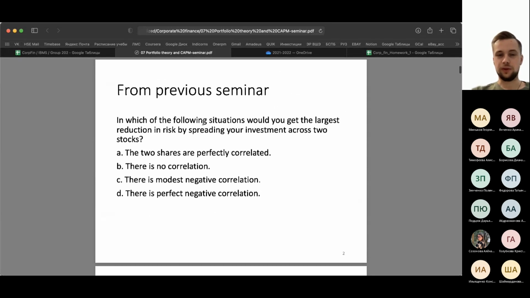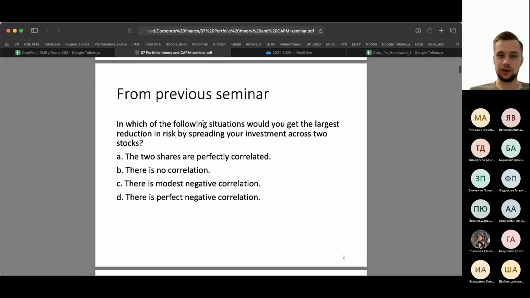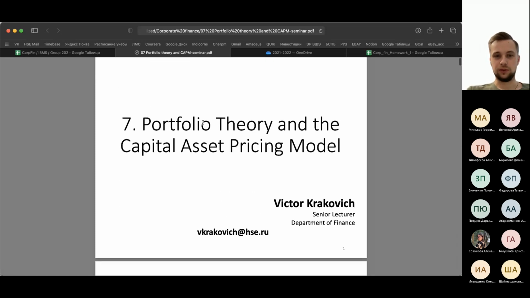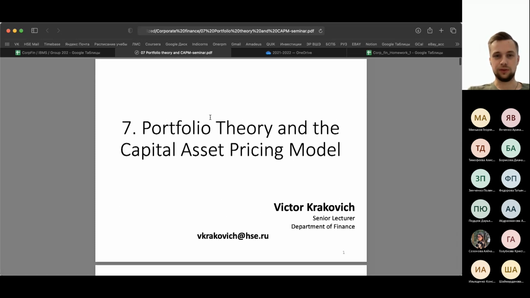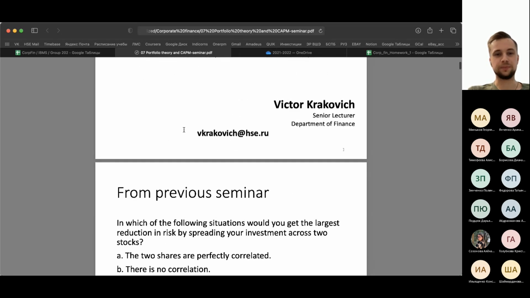Well, we have something unsolved and undiscussed from the previous seminars, so let's discuss some questions. They are quite connected with today's topic, because we are going to proceed with the risk portfolio theory and start to work with the capital asset pricing model.